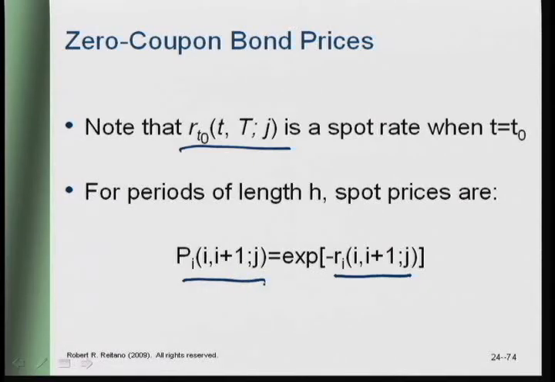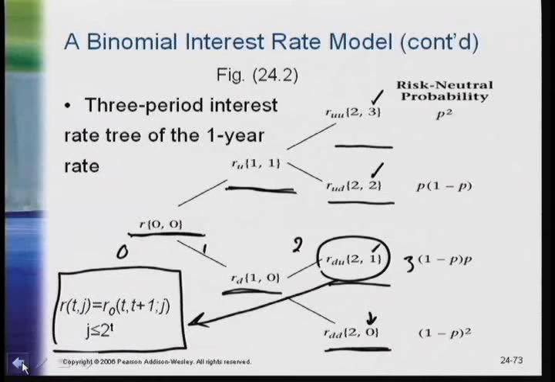So for example, if I go back to my lattice, I can price a 1-year zero here. In state 0, the price of a 1-year zero uses this interest rate, because a 1-year zero goes to time 3, and I go from time 3 to time 2.